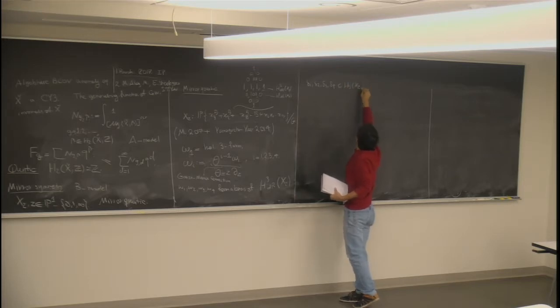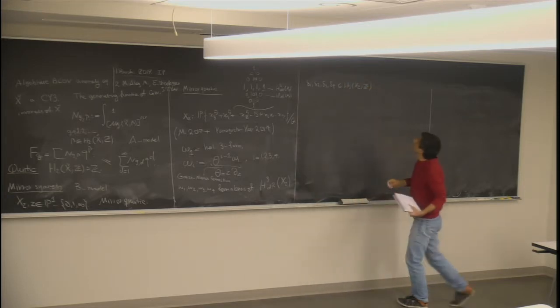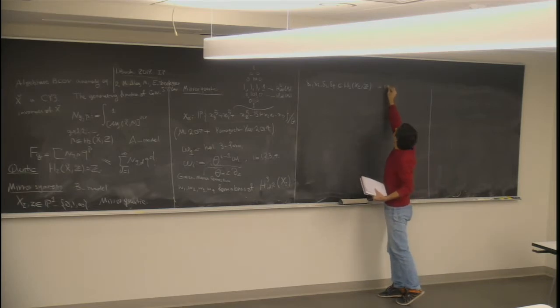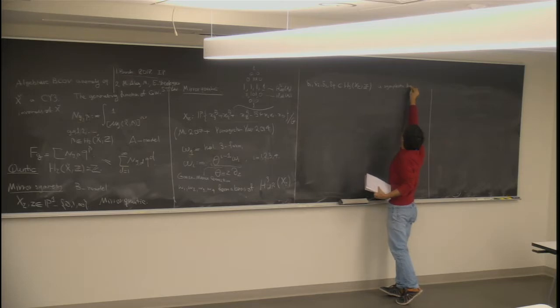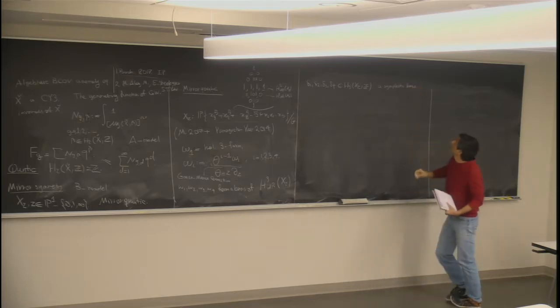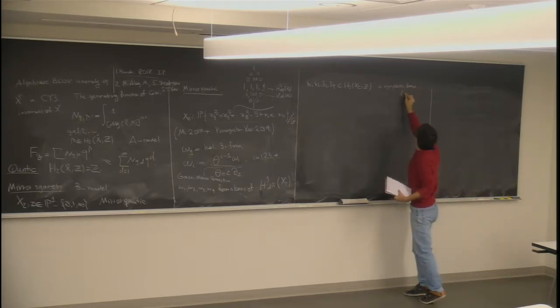At the end of the day, this means the intersection matrix is just the block matrix with 0, I 2 times 2, minus I 2 times 2, 0.